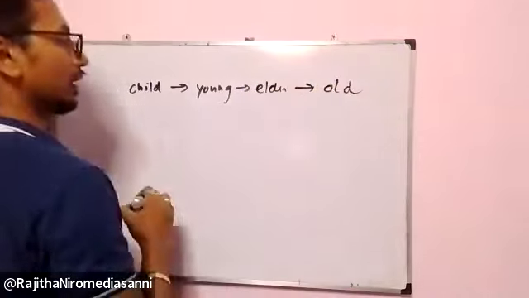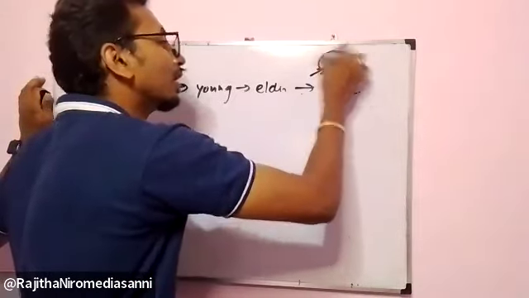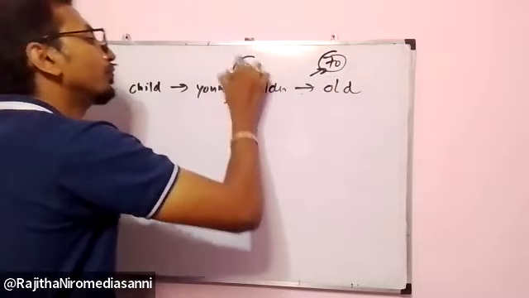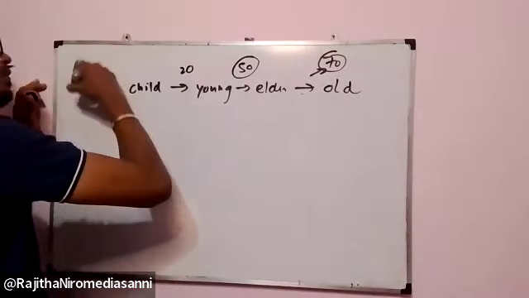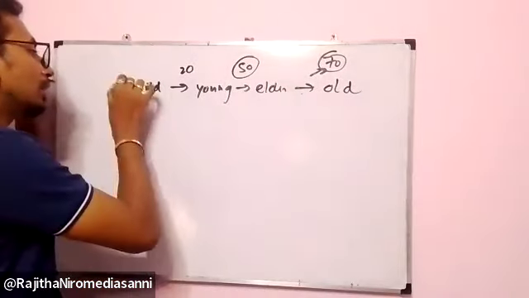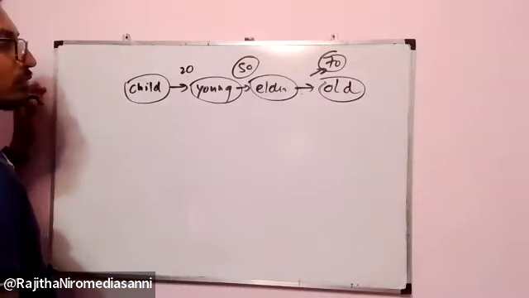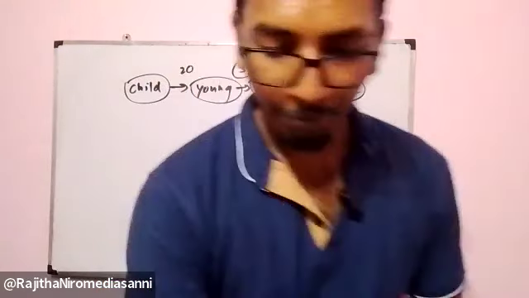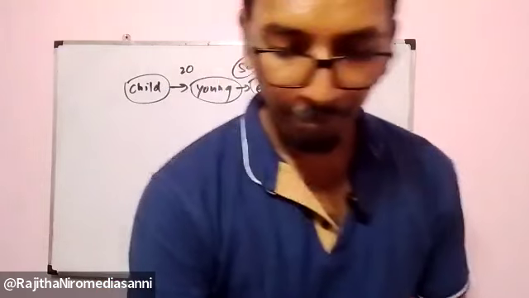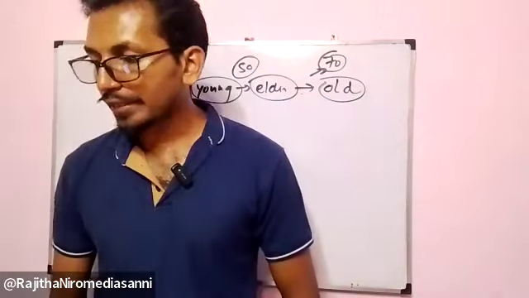And lastly, old, over 70. See, life also has four steps. Then communication already has steps. Everything has some steps to follow. That's why the idea about the activity.